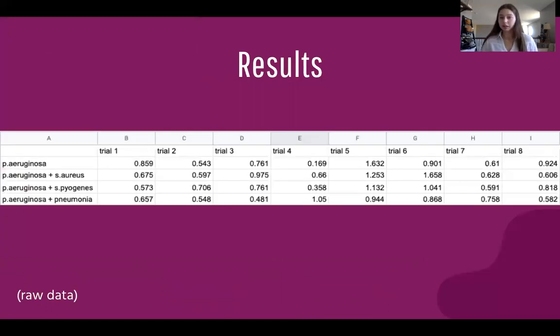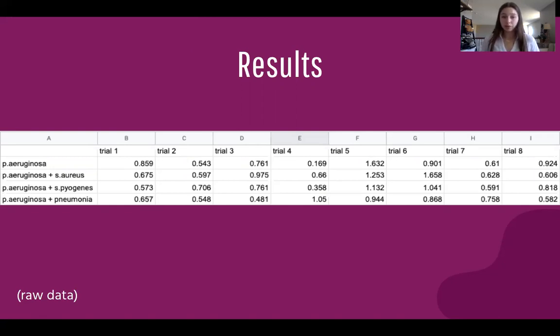So here is some of my raw data. I did 8 trials. This data came from the spectrophotometer, from the broth tubes. Since the spectrophotometer measures the light absorbed by bacteria, the higher the number, that means bacteria did not grow as much, so more light could pass through.